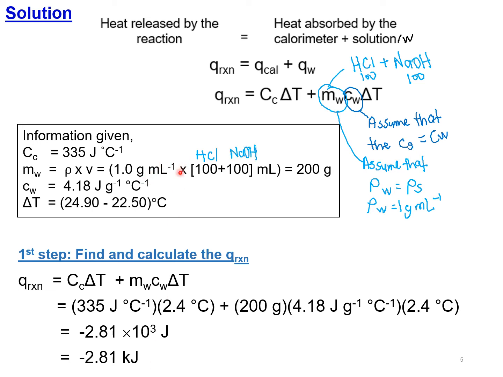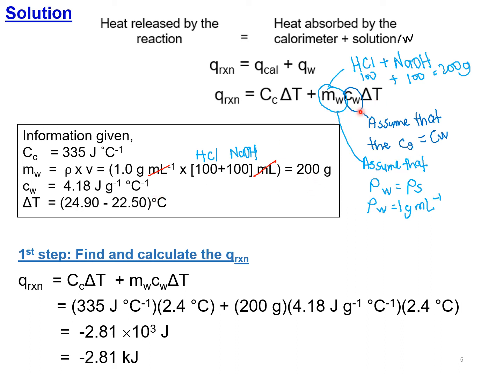Okay, and after that milliliter akan cancel out dengan per milliliter, and what's left ialah gram. So the mass of the solution HCl pluskan dengan NaOH ni is gonna be 200 gram.